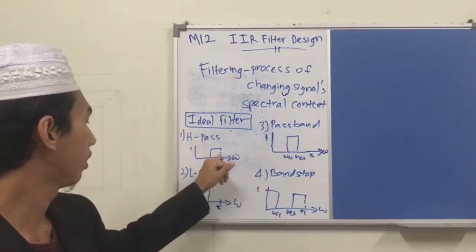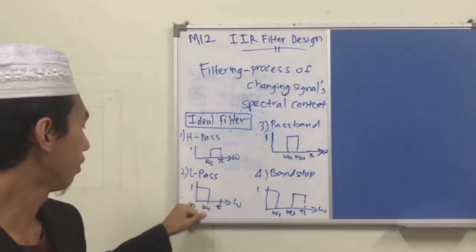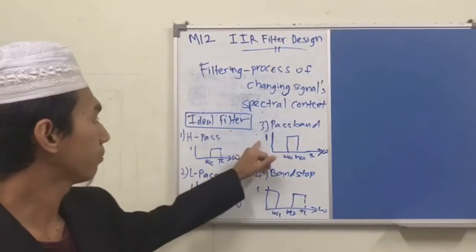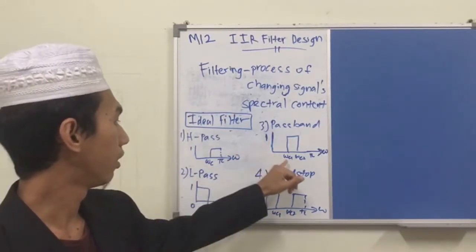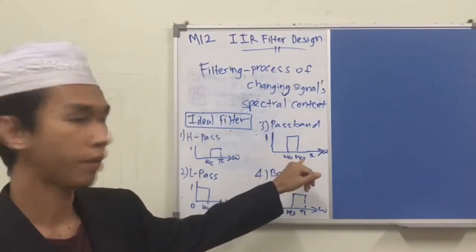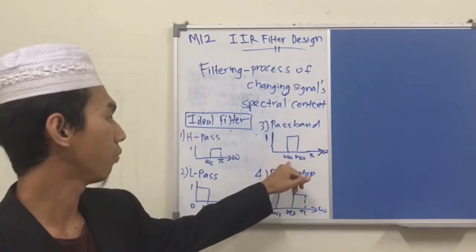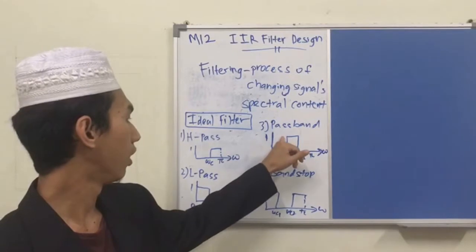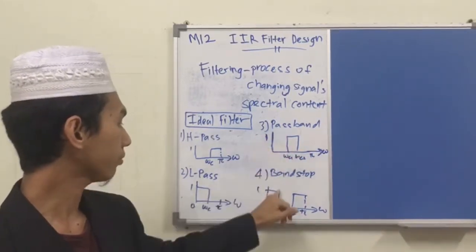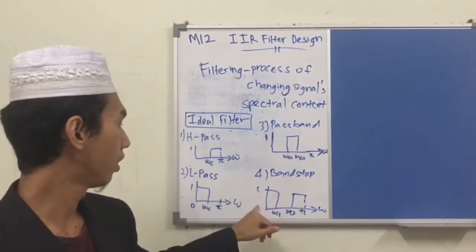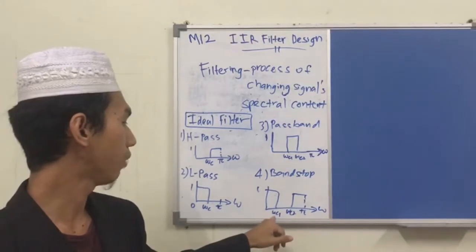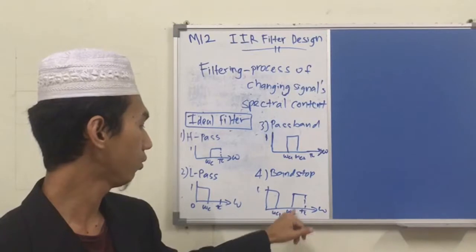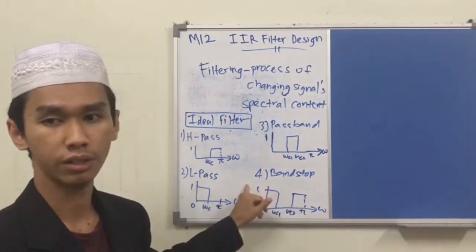Low pass filter is 1 from 0 to omega c. Pass band filter has two cutoff frequencies, omega c1 and omega c2, and will only produce 1 between them. And band stop filter is 1 from 0 to omega c1, and omega c2 to pi.